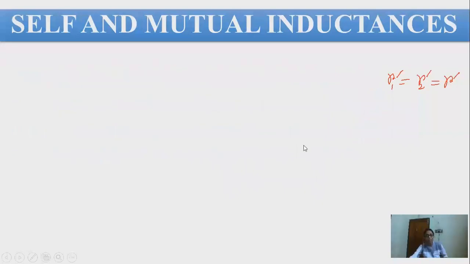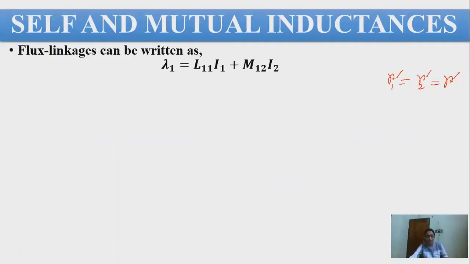And from this expression, the concepts of self and mutual inductances have been arrived at. So flux linkages can be written again here, considering the two conductors.